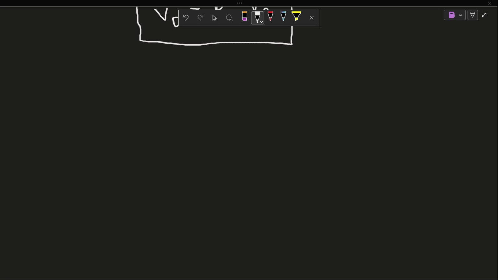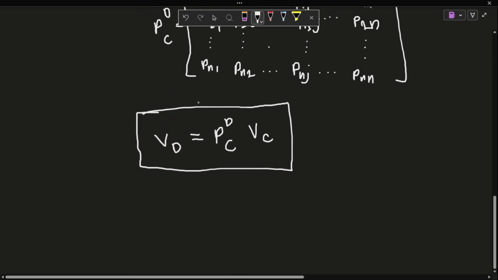The subscript and superscript notation is really helpful in tracking which transition matrix can multiply with which coordinate representation. Note that we're saying P C to D, bottom to top. So we can't do something like VC equals P C to D times VD, because this maps the wrong vector.